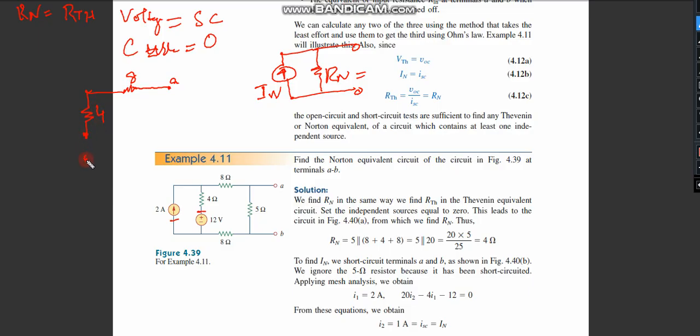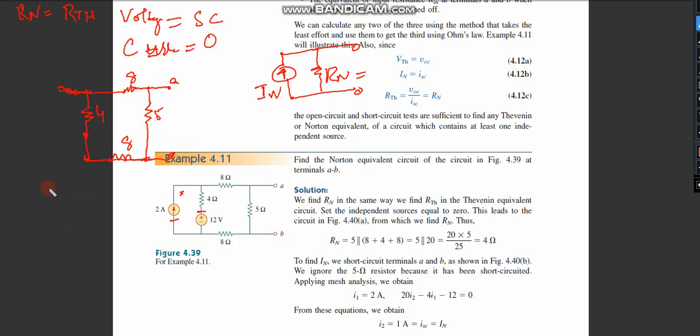Between this I have the source, so I make it short, and then I have a resistance which is 5. I would neglect this part, so the circuit does not extend. The circuit looks like this, and we have another resistance, which is 8 ohms, over here.